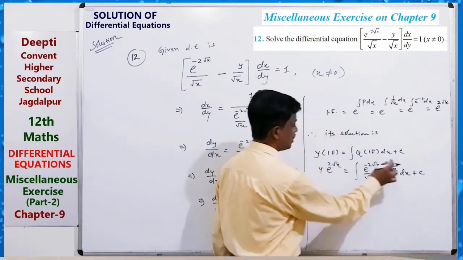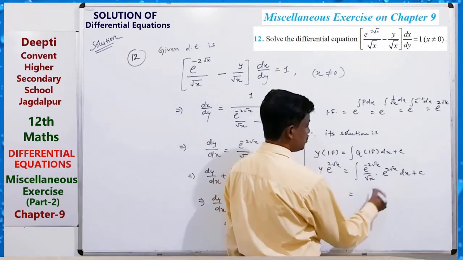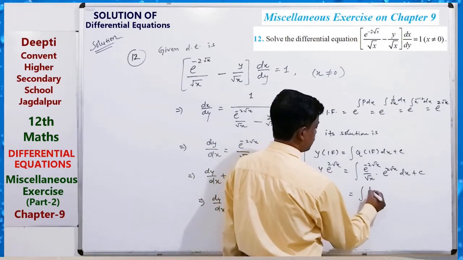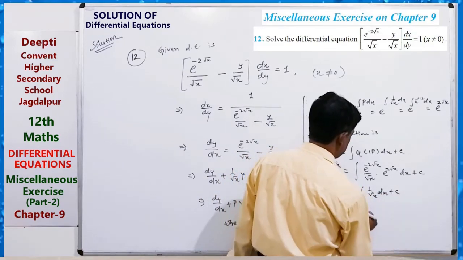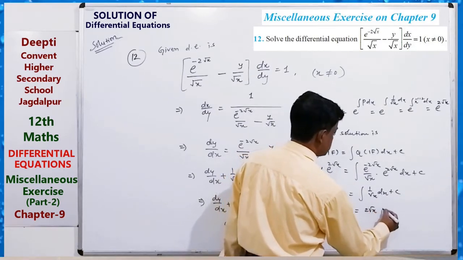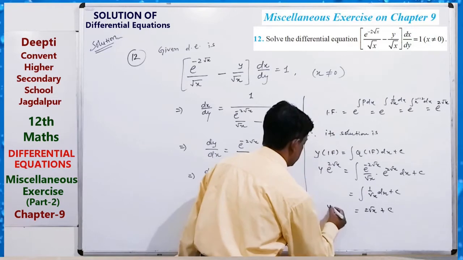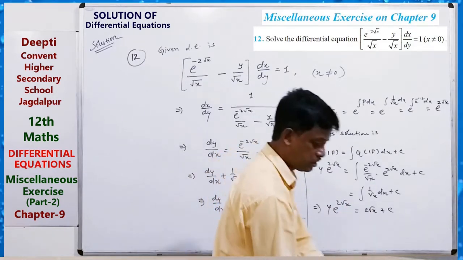Here minus 2 root x plus 2 root x cancel out, it is equal to 0, so it is 1 upon root x dx plus c. This equals x to the power minus half integrated, so 2 root x plus c.